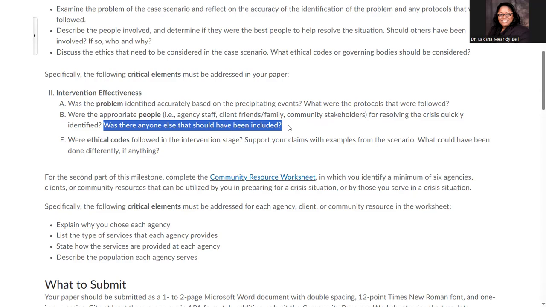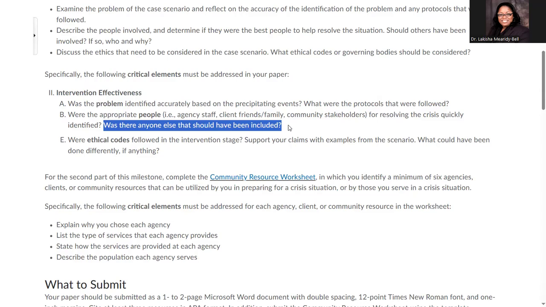Sometimes resources or research is good. It's just making sure that it meets the criteria that you're learning, which is the course objectives. So definitely utilize your course reading materials, course text, and then, of course, researching, utilizing the Shapiro Library. I would actually encourage using that as a secondary source.